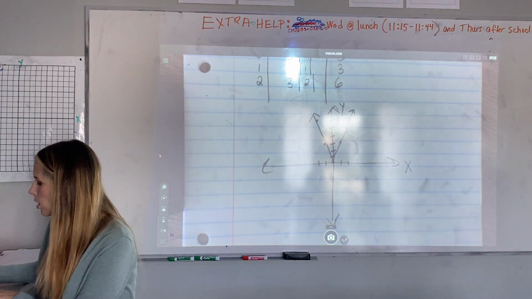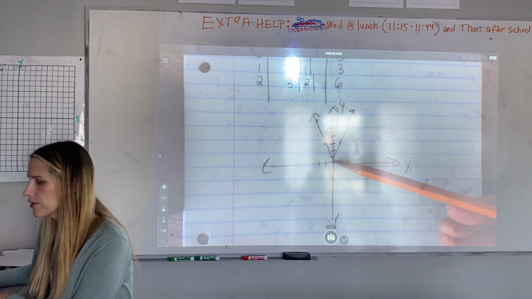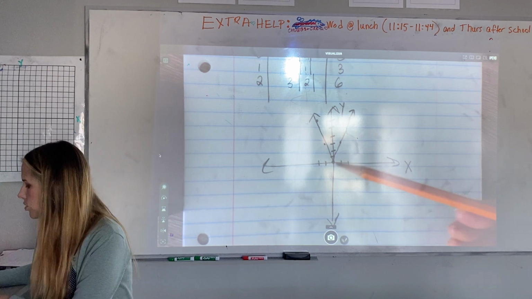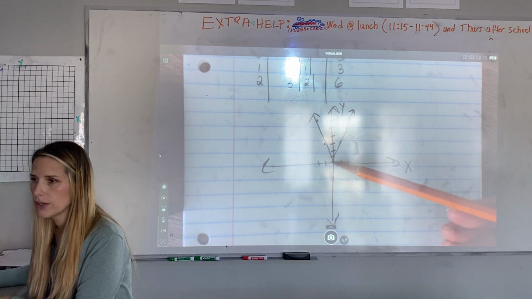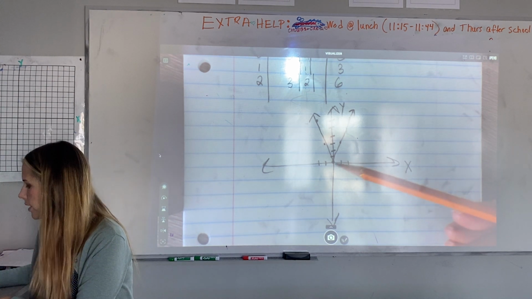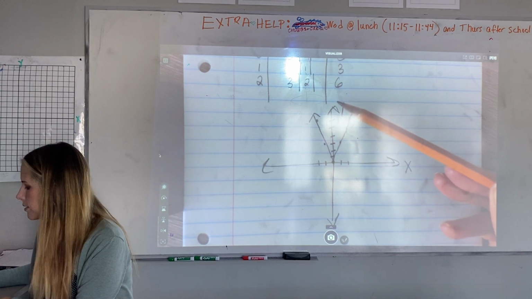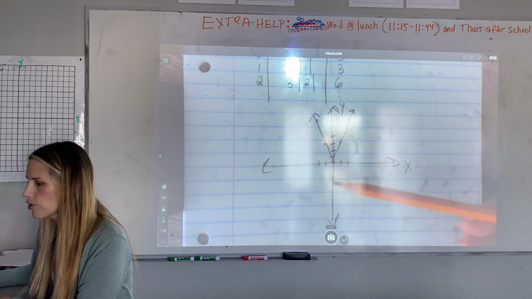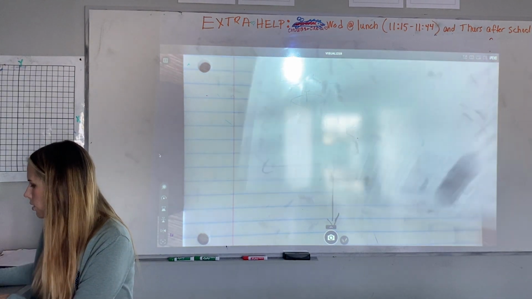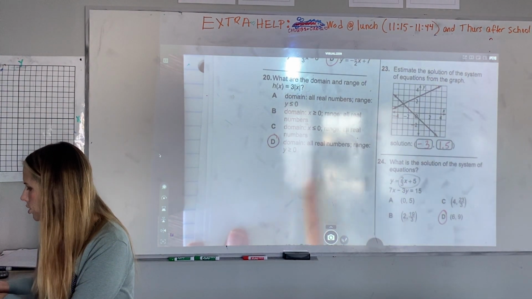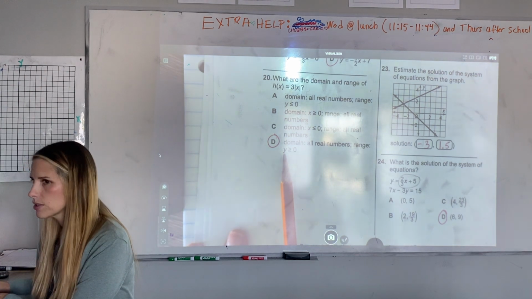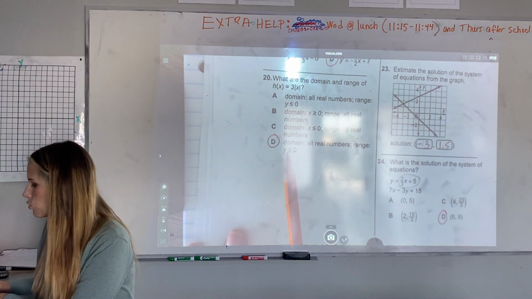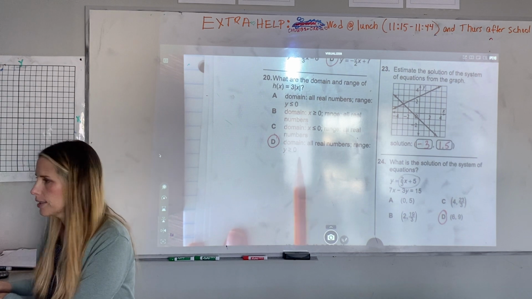Yeah, it starts at 0. The Y values that are possible for this graph start at 0. Do they include 0? Yes. So it includes 0 and goes all the way up the Y-axis. What's not included is every negative number. So our answer is: the range is Y, the Y values for this graph have to be greater than or equal to 0.